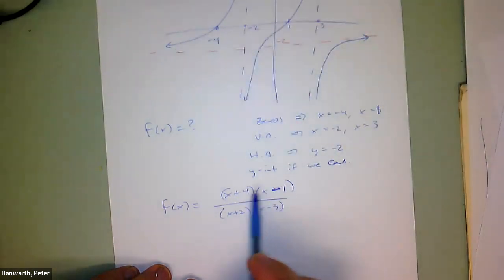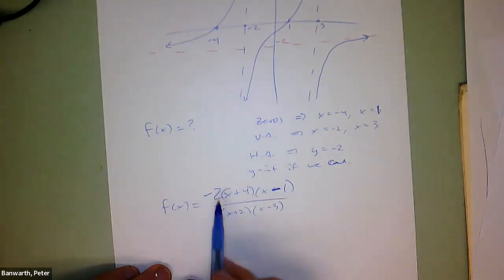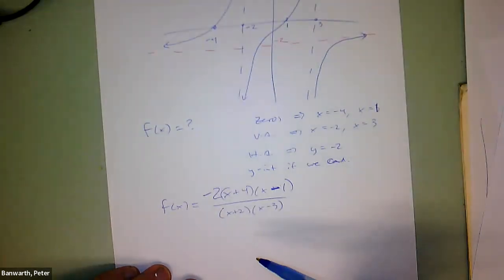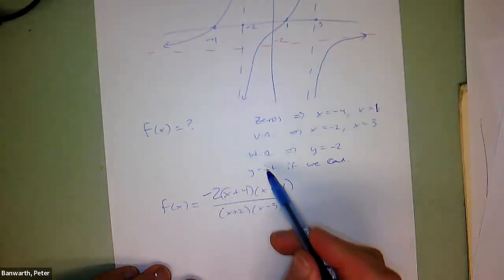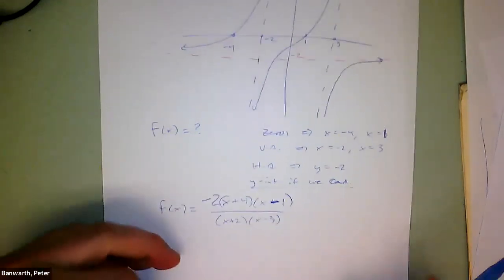So I have degree 2 in the top, degree 2 in the bottom. So that all makes sense as long as I stick a -2 in front, and that will get me ending up at y equals -2. And this graph is not showing me my y-intercept, but that's okay. This is not something that we always need for rational functions. So that's a bit of a review on rational functions.